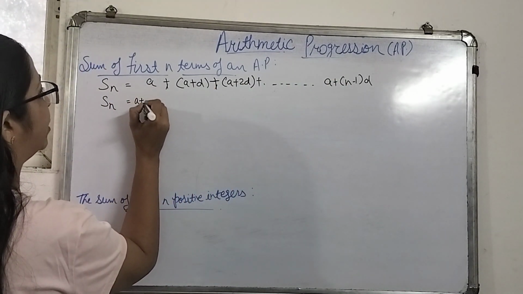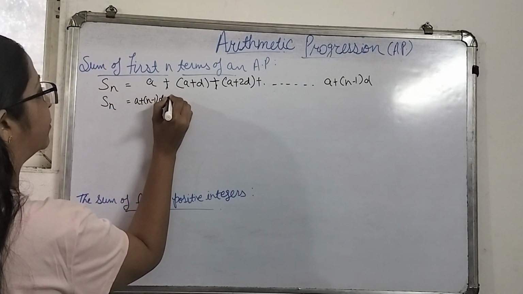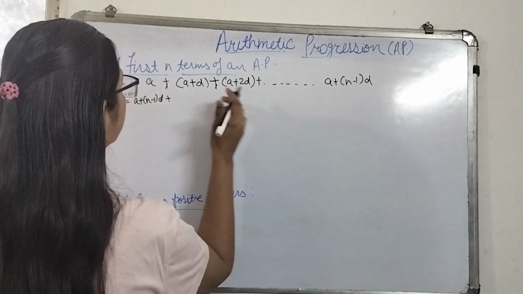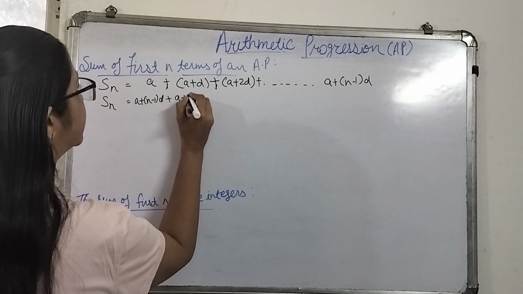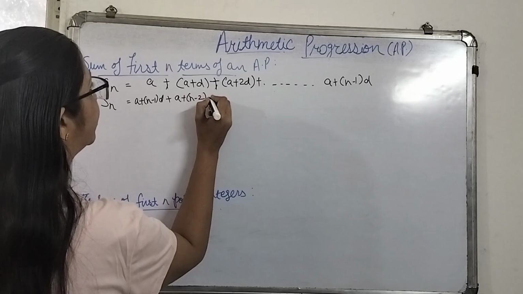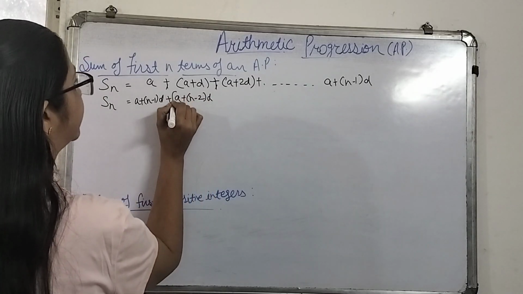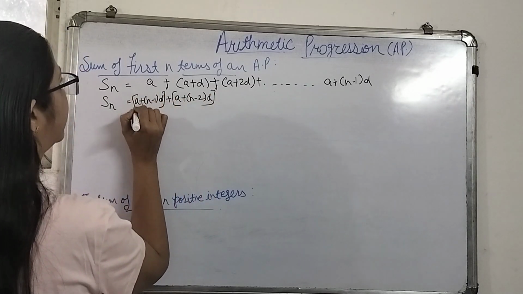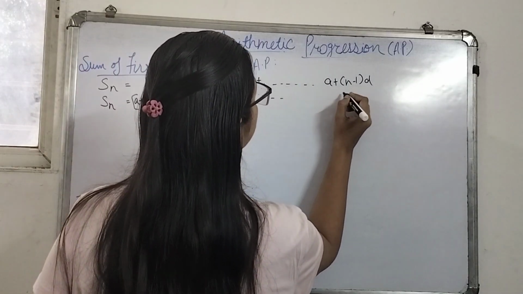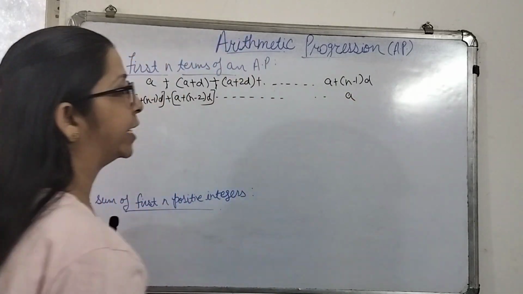So it will be a plus n minus 1 into d, plus the second last term will be a plus n minus 2 into d. That will be the term. Like this we will be writing, and here your first term will come, that is your a.